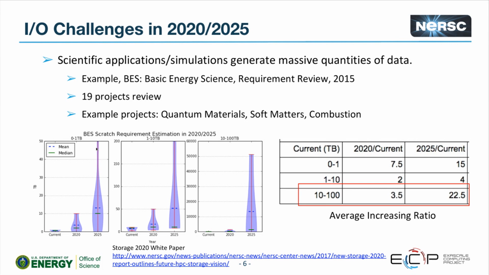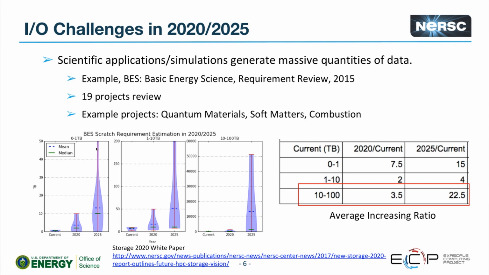A lot of PIs responded with some estimation. This study was done 3 years ago, and I don't really feel surprised about the numbers because the data increase is much larger than those PIs expected.